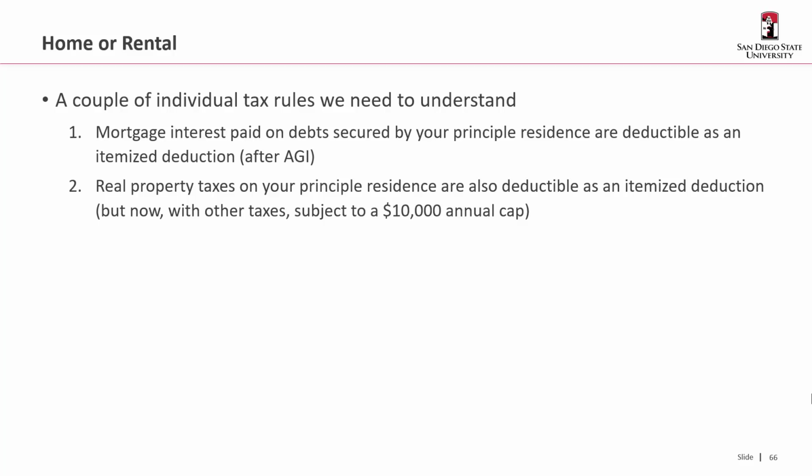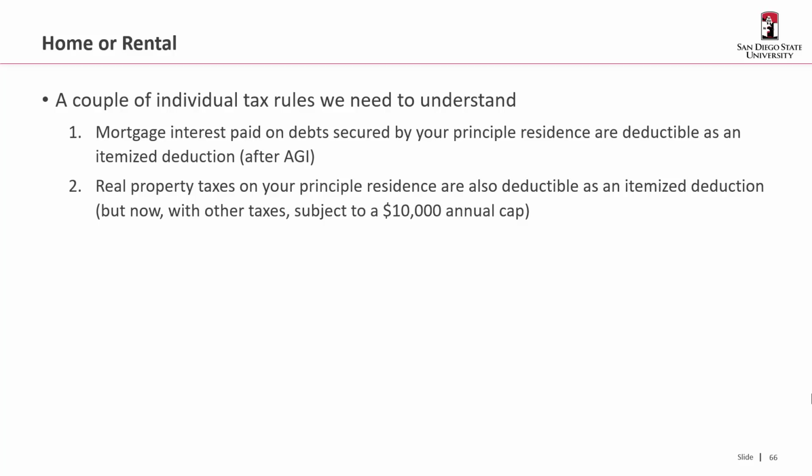The first itemized deduction is one you get for mortgage interest paid on debts secured by your principal residence. So individual taxpayers can deduct the mortgage interest on their principal homes. These are from AGI deductions, so an itemized deduction. And as well, they can deduct real property taxes on their principal residence.